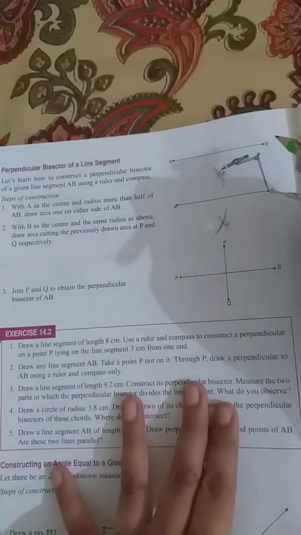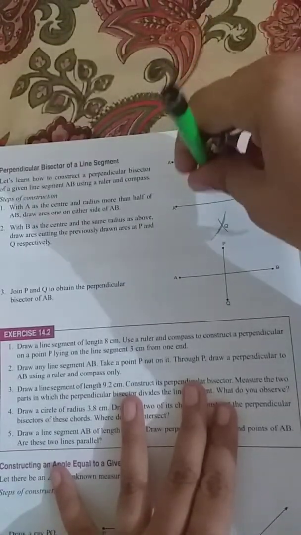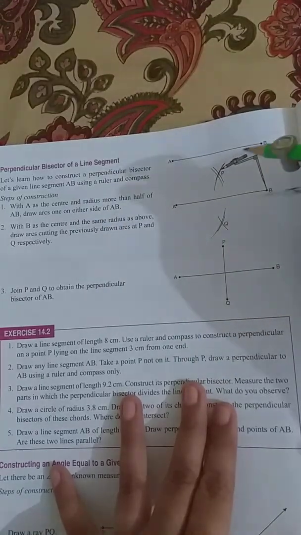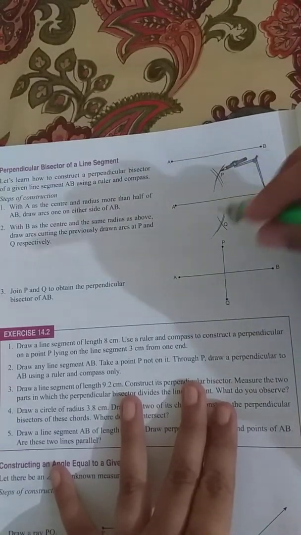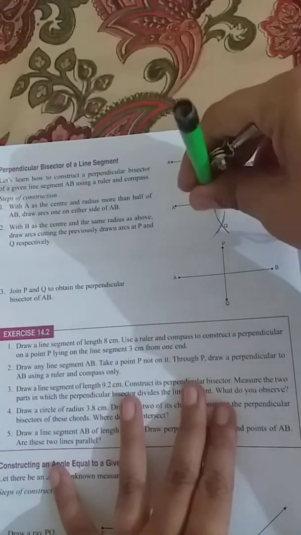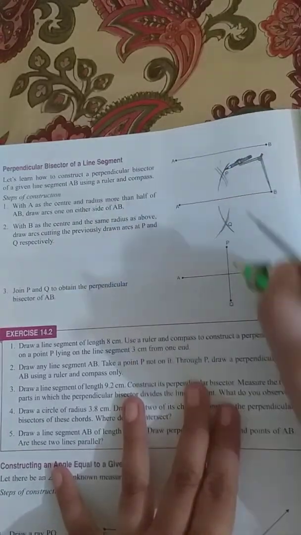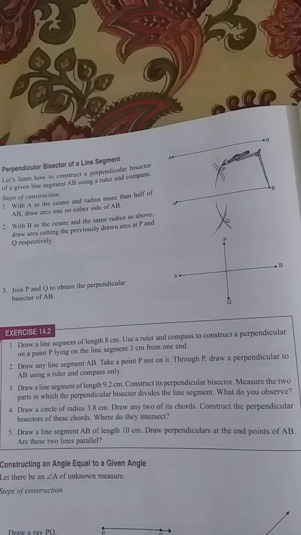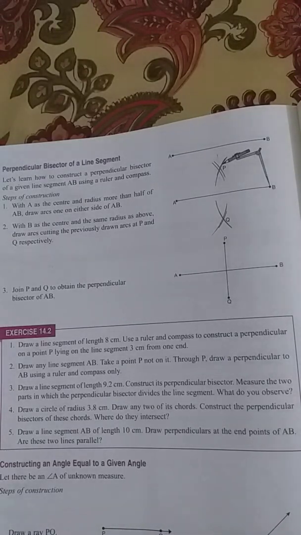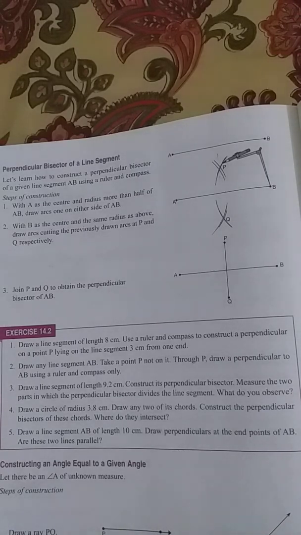Now place the compass on B and draw an arc. Now these are cutting arcs, so join these points with the help of a ruler. That means it is a perpendicular. In this way we can draw the perpendicular bisector of a line segment with the help of ruler and compass.